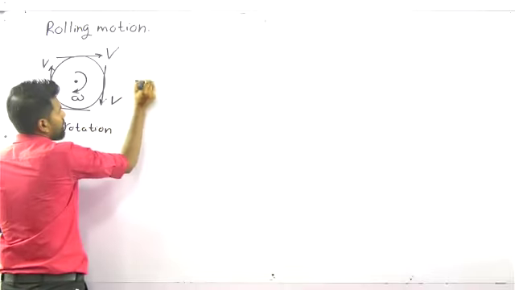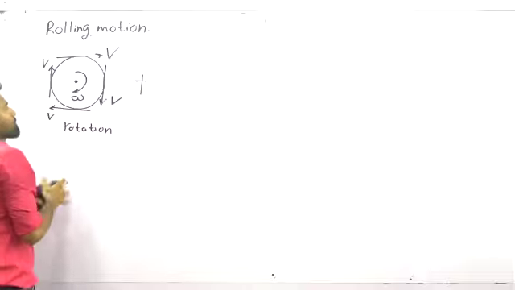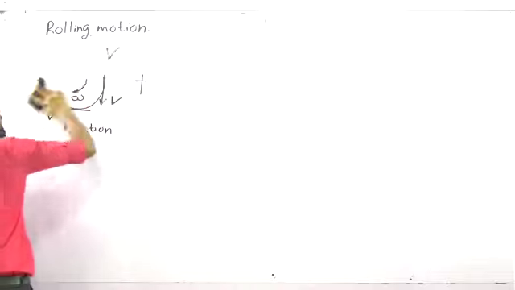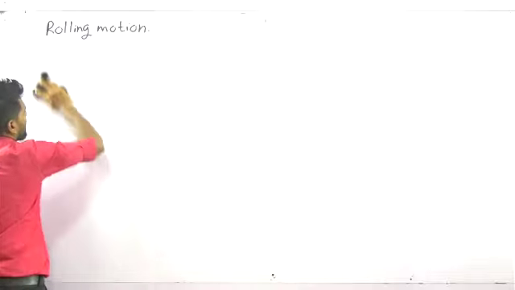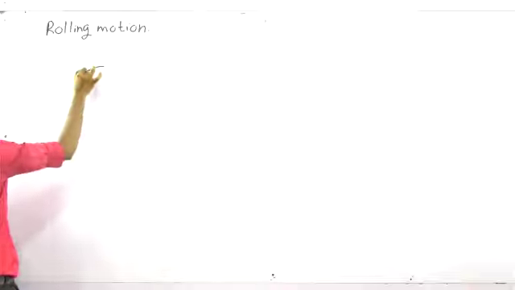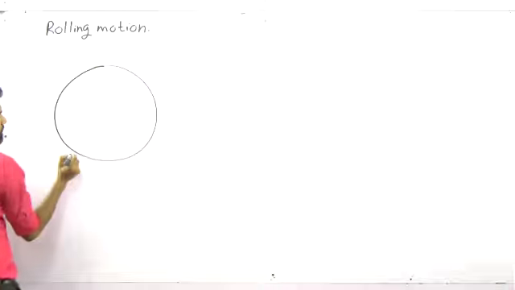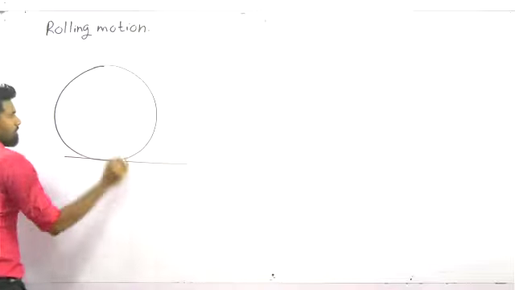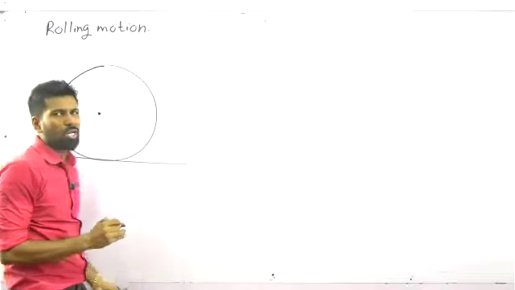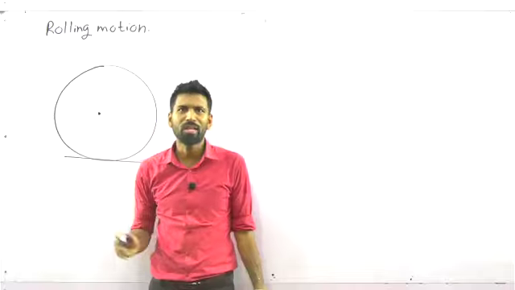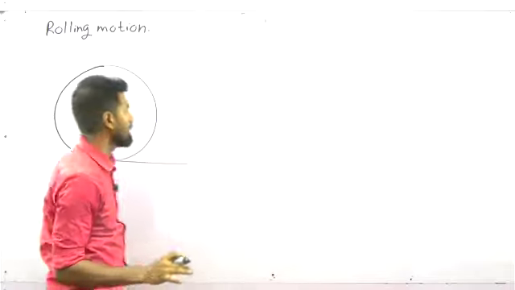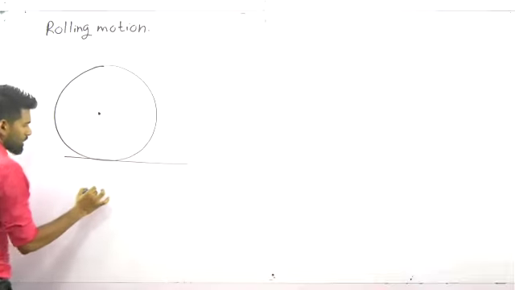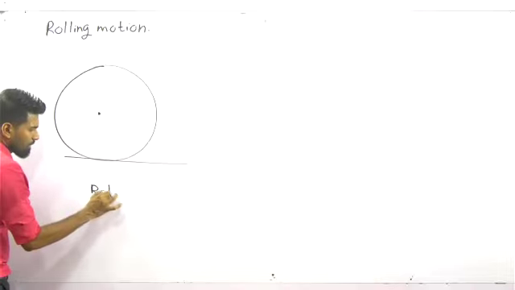Shall I draw it as a larger diagram? When a wheel is rolling, it has the rotation and the linear motion both. I am considering the rotational part.